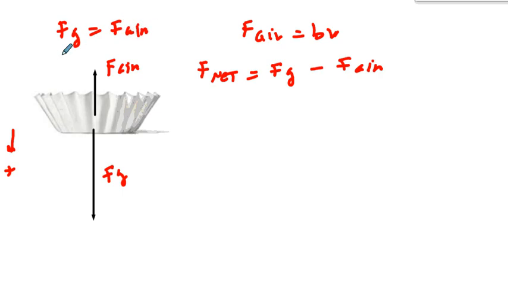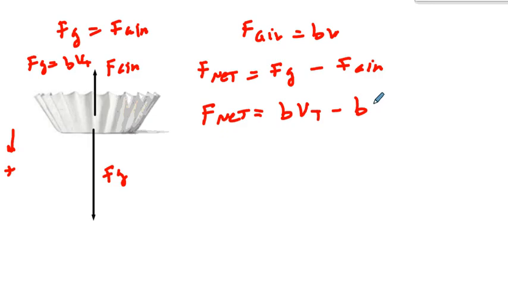Okay, so what can that equal then? Well, force of gravity is going to equal b times terminal velocity, because at terminal velocity those two are equal to each other, and I just plug in terminal velocity. So my net force equation now becomes simpler. It now equals b times terminal velocity minus b times whatever velocity I'm at. Now what am I going to plug in for net force?